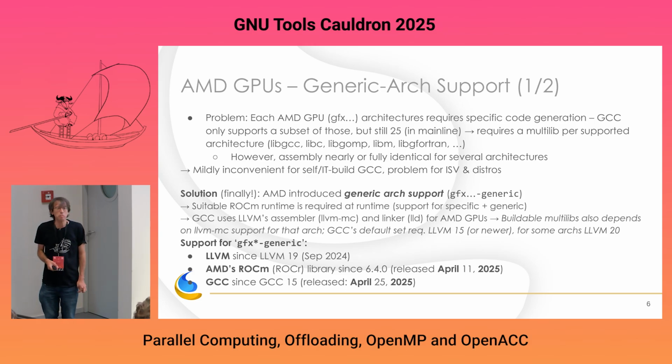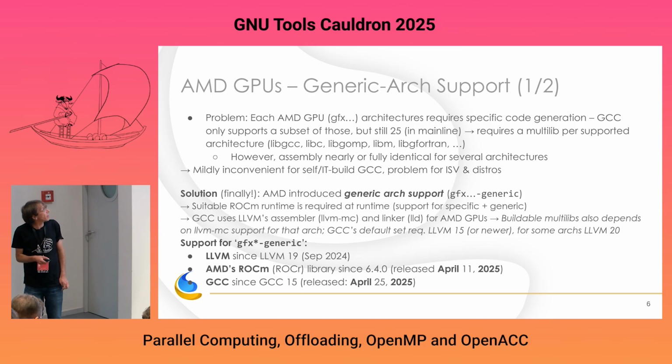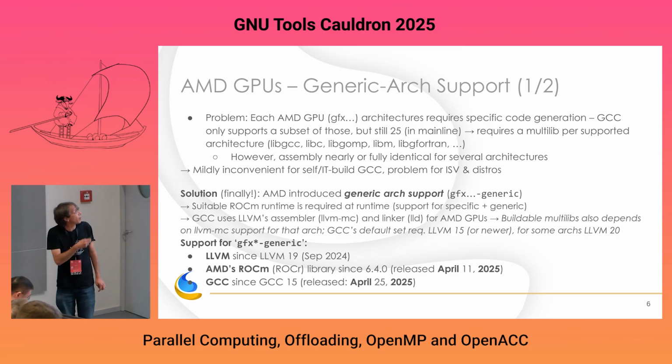Fortunately, AMD saw the problem a while ago, and now they finally solved the issue, and GCC followed directly. They now have some generic support where they group some class of systems, so it reduces the number quite drastically.